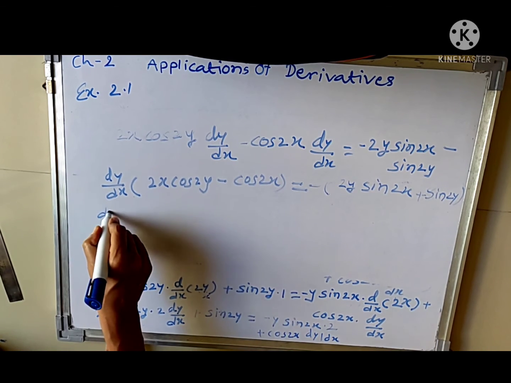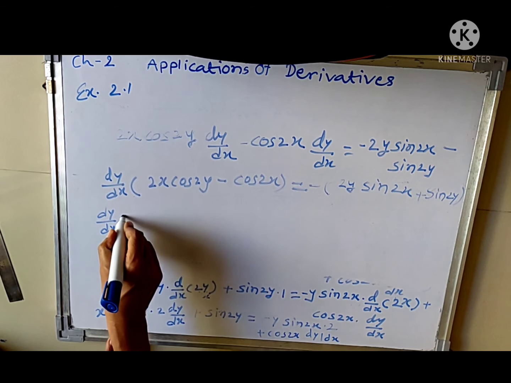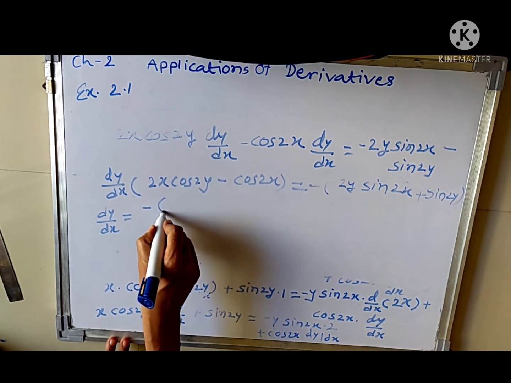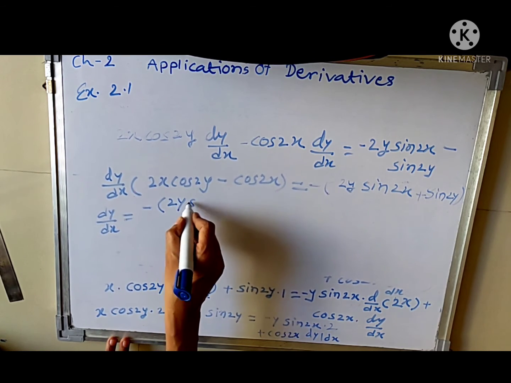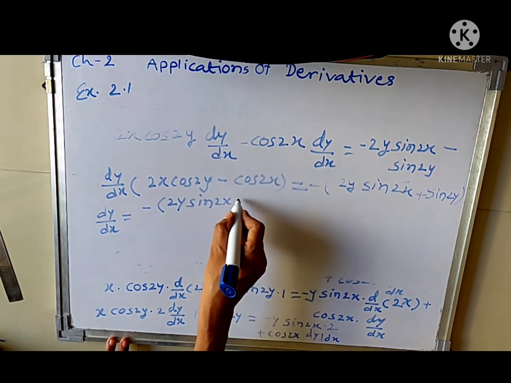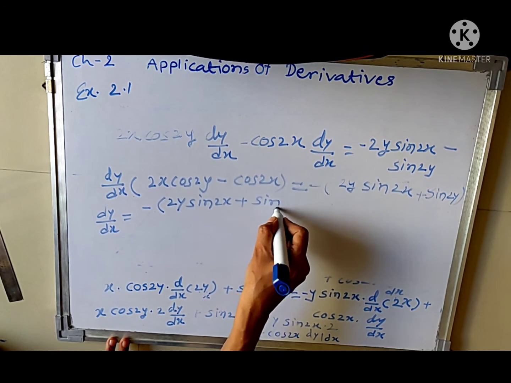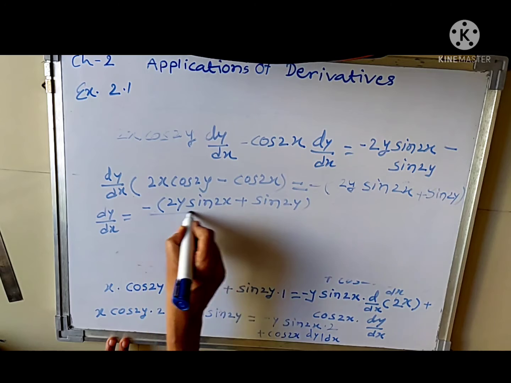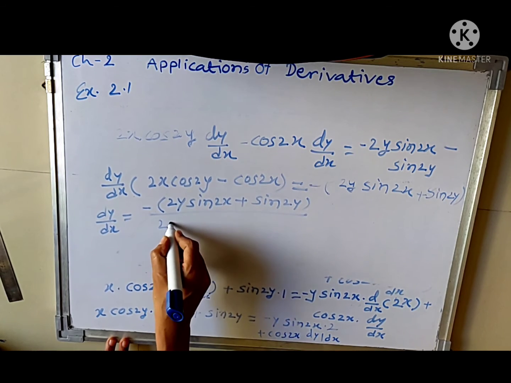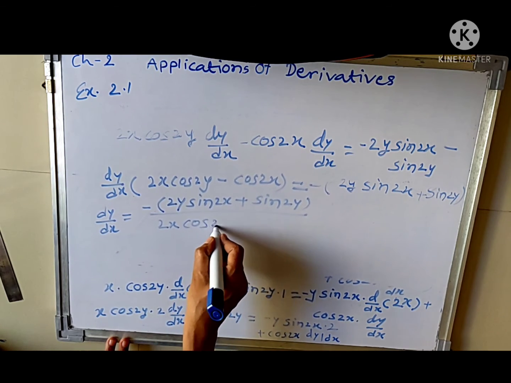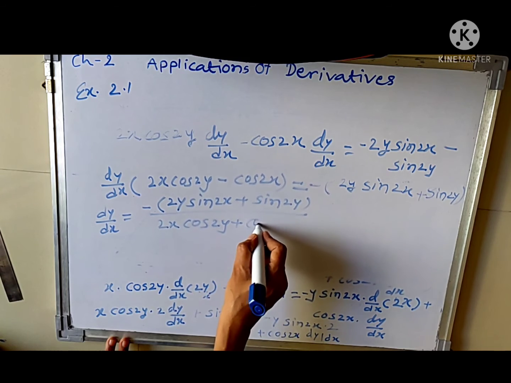Then dy by dx is equal to minus, keep in a bracket, 2y sin 2x plus sin 2y, upon 2x into cos 2y minus cos 2x.